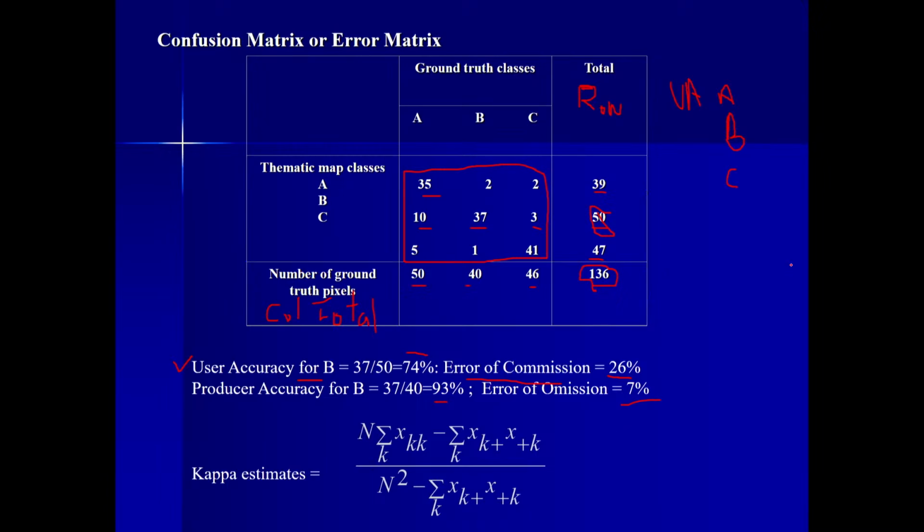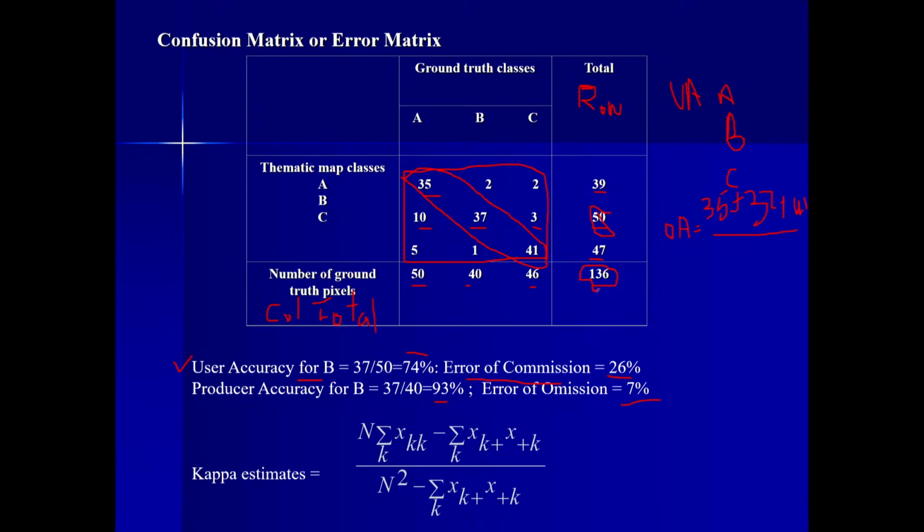The third parameter we can calculate from the error matrix is overall accuracy, OA. So overall accuracy in this case will be the diagonal sum of this error matrix, that is 35 plus 37 plus 41, divided by total samples.